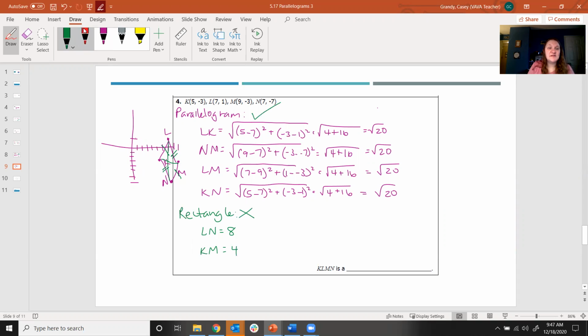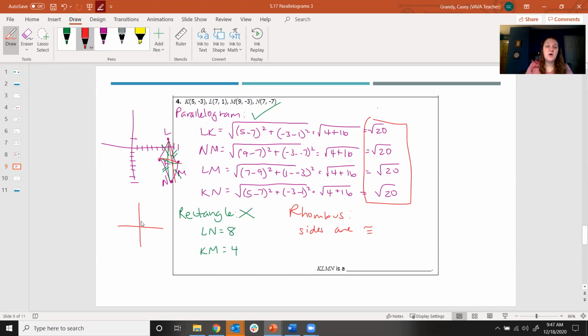So now we need to ask ourselves, is it a rhombus? Okay. Properties of a rhombus say that your diagonals are perpendicular and the sides are all congruent. Notice that our sides were all the same. So because the sides are all congruent, we can say that it is a rhombus. Or, like we said, the diagonals were a horizontal and vertical line here.